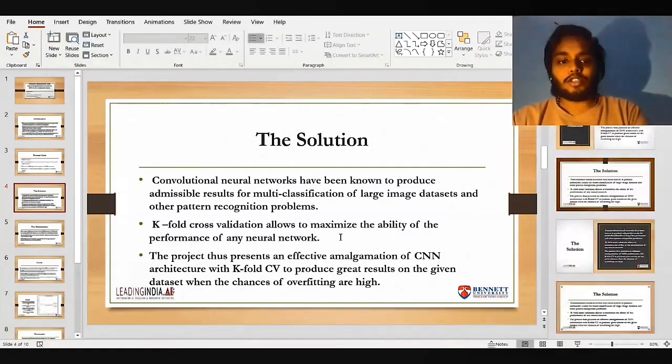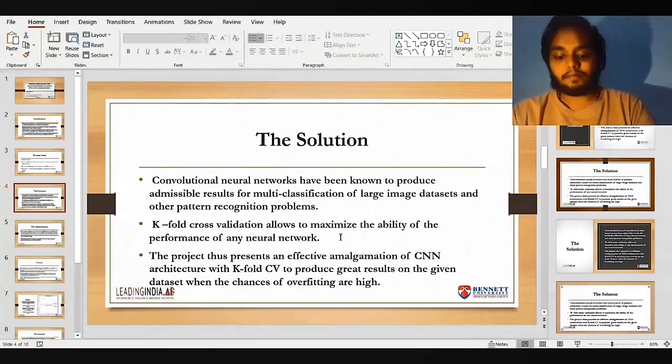The solution for this was that we used convolutional neural networks, which have been known to produce admissible results for multi-classification of large image datasets and other pattern recognition problems.